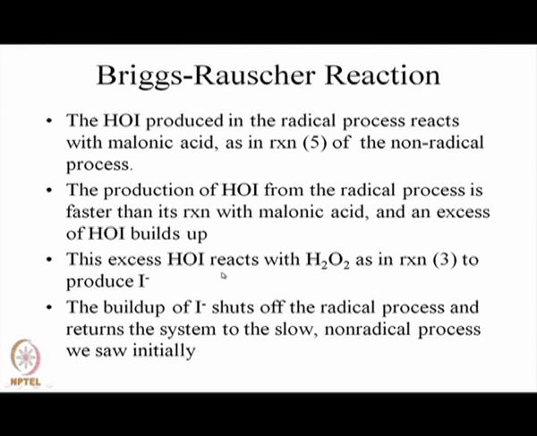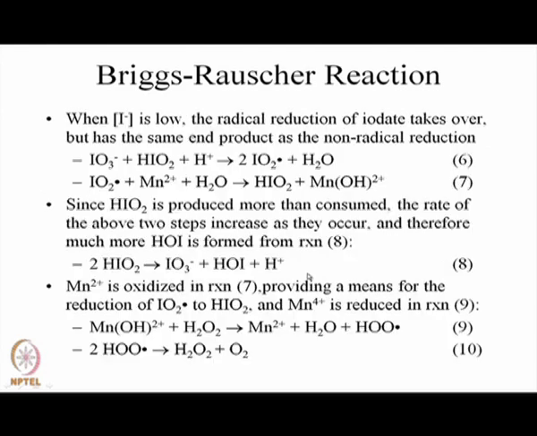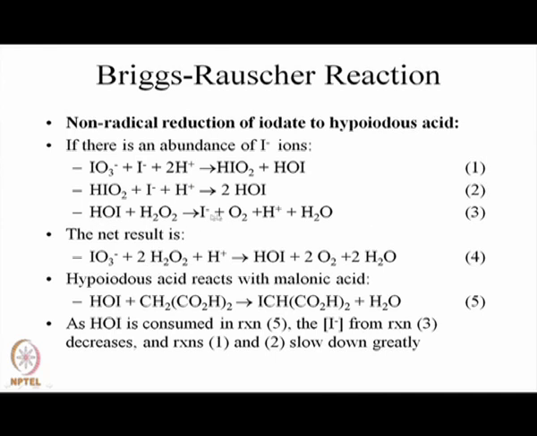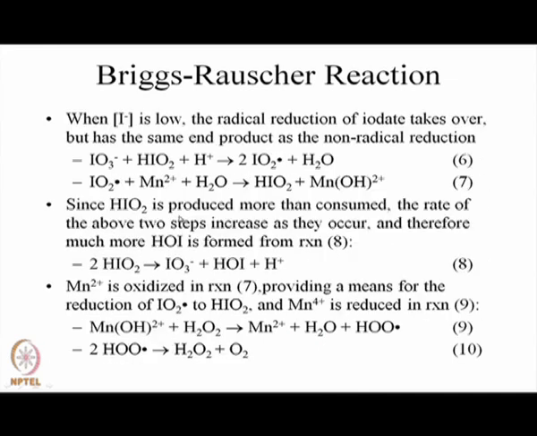This excess HOI reacts with H2O2 in this particular step, HOI plus H2O2, because it is in excess, because it is less consumed. You see here this HOI generated here is less consumed. So the concentration of HOI is increasing.